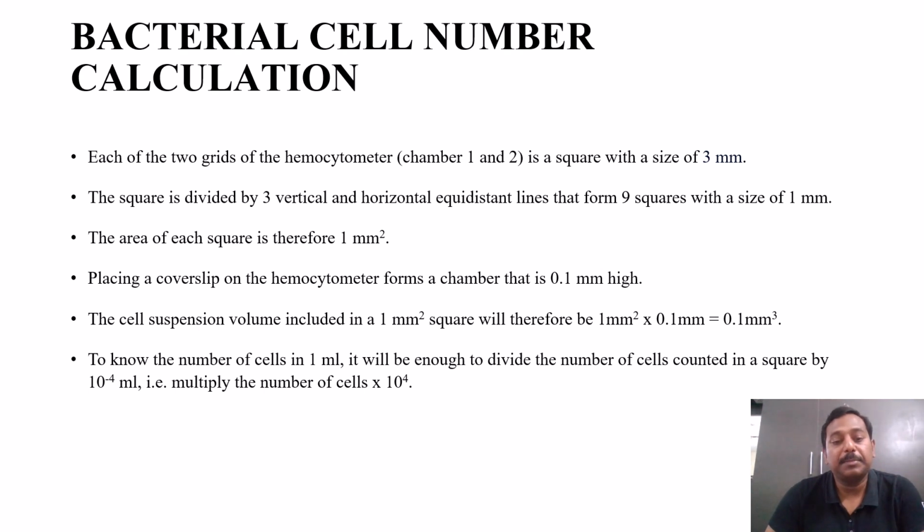So the cell suspension volume will be 1 millimeter squared times 0.1 millimeter, which is equal to 0.1 millimeter cubed. To know the number of cells in 1 ml, it will be enough to divide the number of cells counted in a square by 10 to the power minus 4 milliliters, which is the same as multiplying the number of cells by 10 to the power 4.